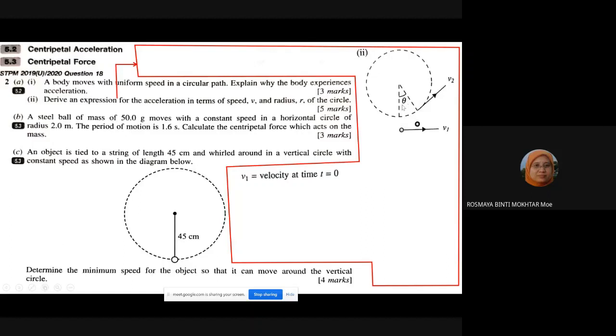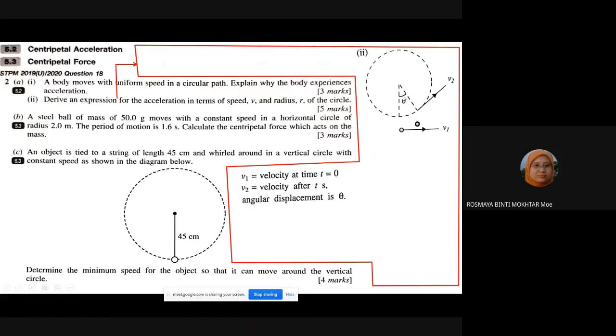Next, before that, you mention that at the point here, at initial time t0, we call the velocity v1, and as it moves with time t, generally just write t, the velocity becomes v2. It changes direction, but with the same value v.